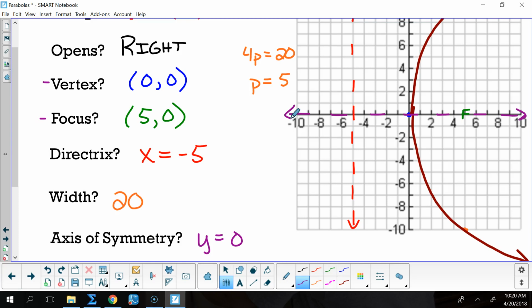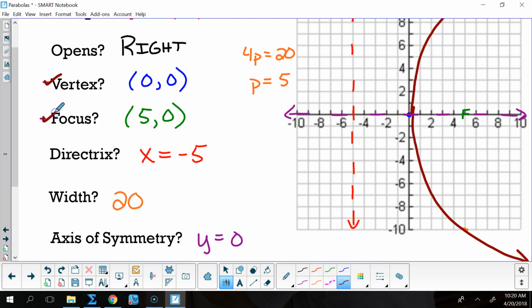Now, I haven't written the test yet for this unit, but we will be having a test in this unit. In a graphing parabola problem, I would give you the equation, or have you give me the graph, and then I would probably ask you, what's the vertex?